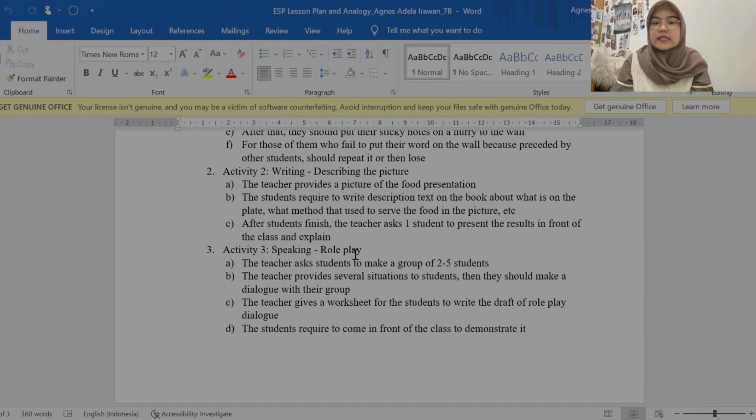So first, the teacher provides a picture of food presentation. There is a picture of food served good-looking on the plate.